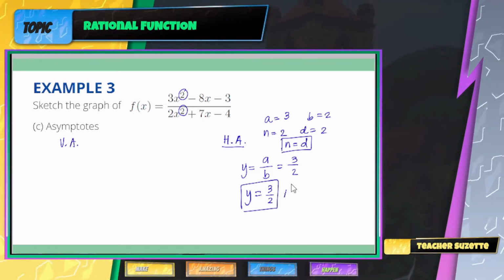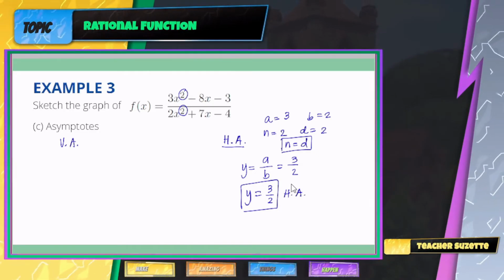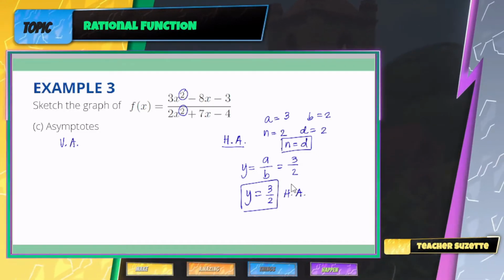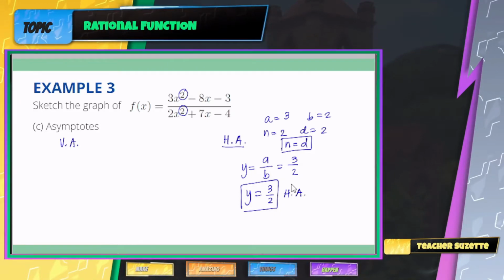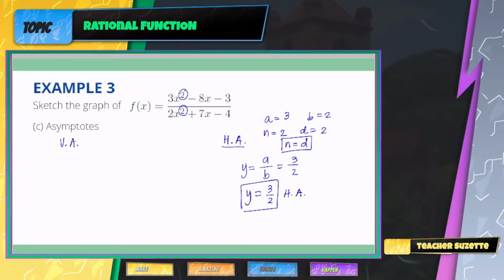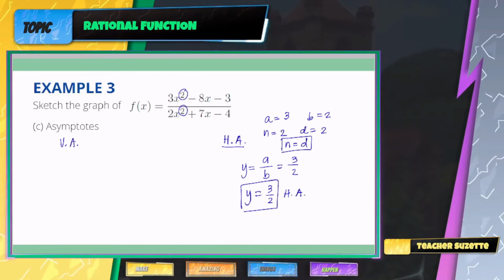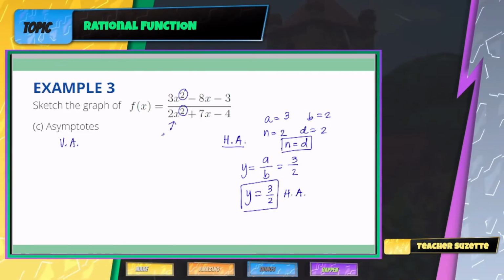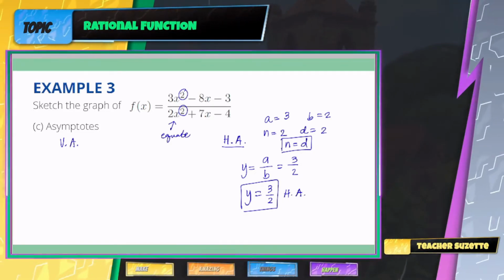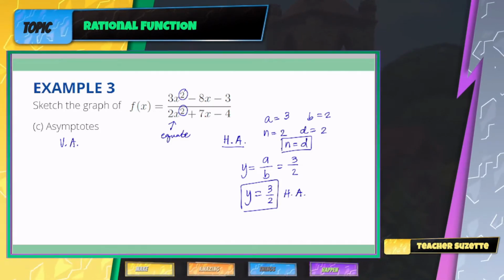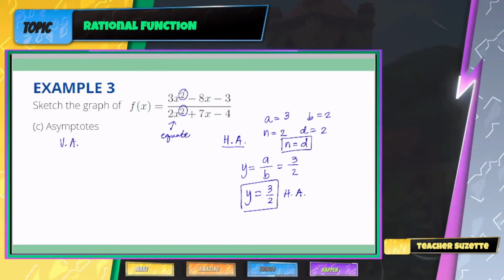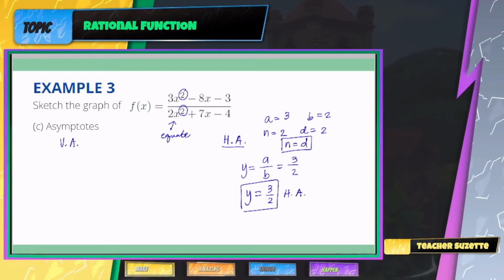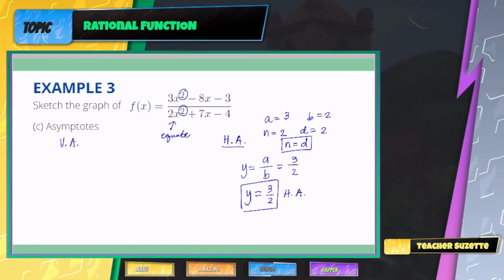Ayan. Horizontal asymptote. Now, for us to solve naman yung ating vertical asymptote, so we have to equate our denominator to 0. So, para lang din siyang katulad nung ginawa nating proseso sa ating domain. But this time, kukunin lang natin yung pinaka-x value niya.